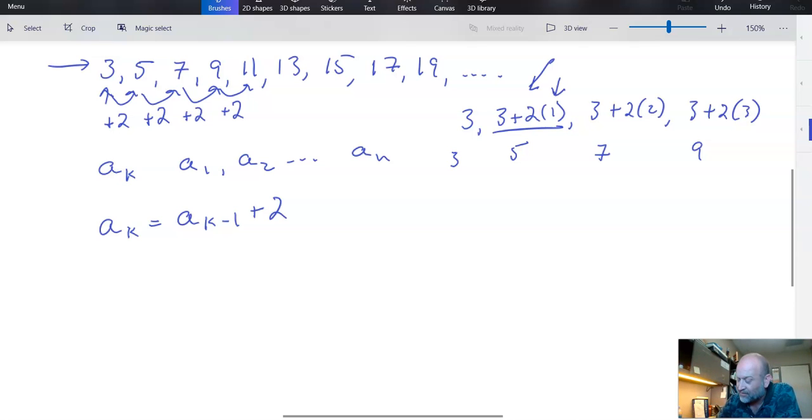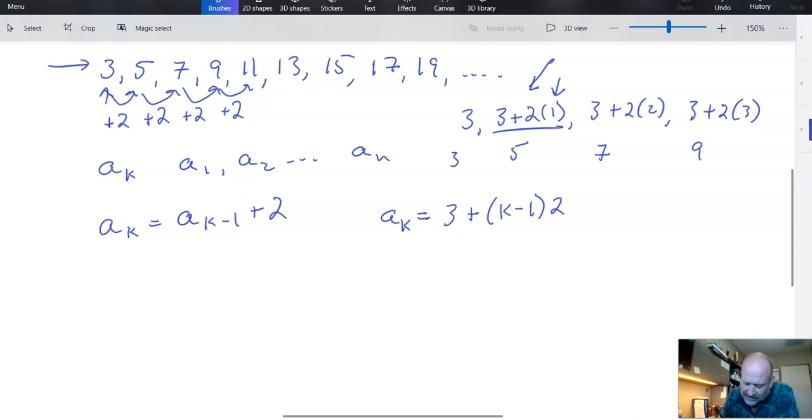And this isn't quite the way it usually gets written, but we can write that any term of this, a_k, is the first term plus the index, and it ends up being k minus 1 times the common difference. Now, the difference between each term is called the common difference.